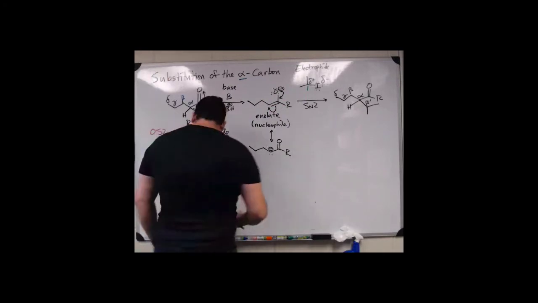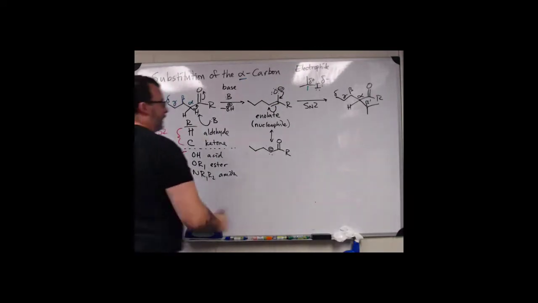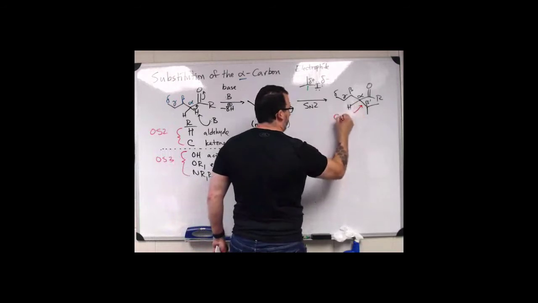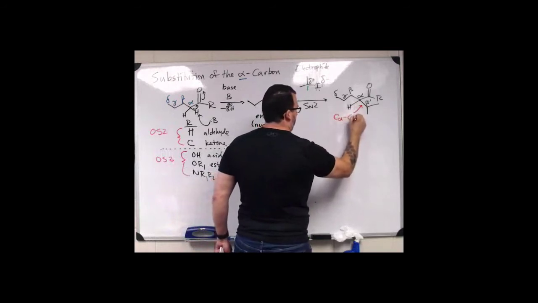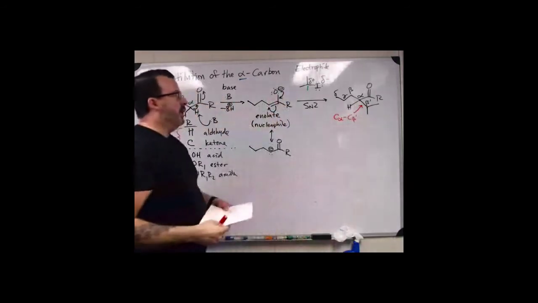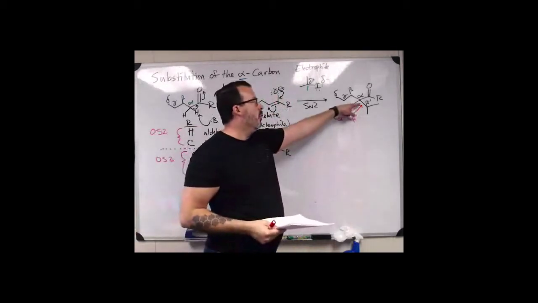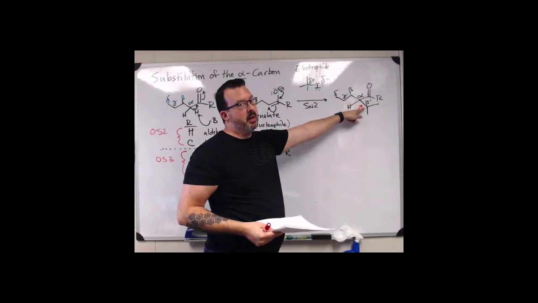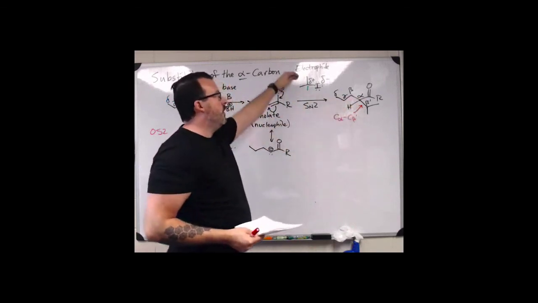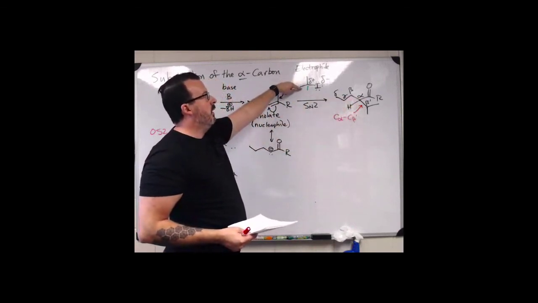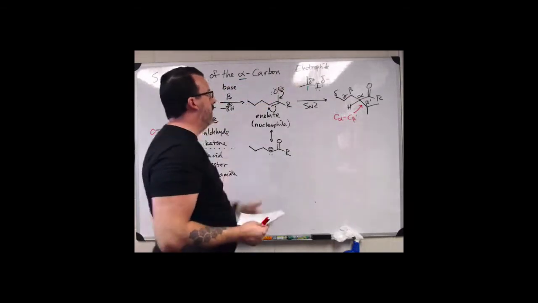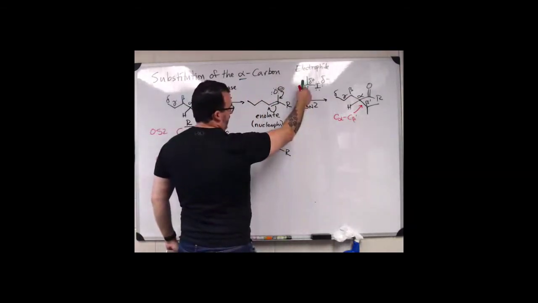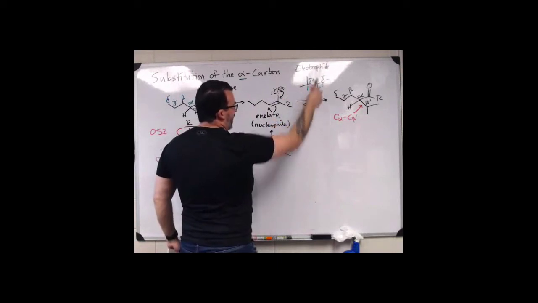So let me just reiterate that. Every reaction that we're going to see, the new bond is always formed between the alpha carbon and the new beta carbon. What's changing is the nature of the electrophile that we used. So in this case, this oxidation state was 1, the iodide was displaced.